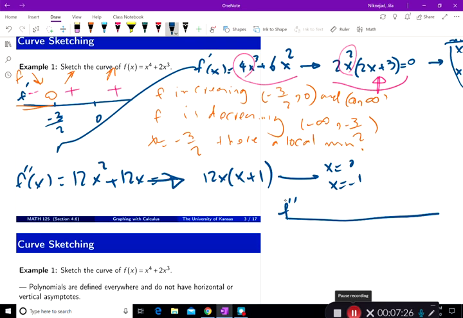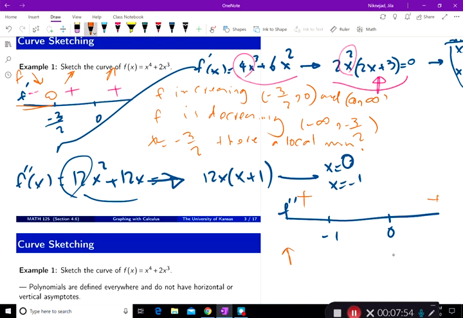Intervals for f double prime will give me like -1 and 0. And f double prime is a quadratic polynomial, and the leading coefficient is positive. Therefore, at the end behavior, I will have positive.